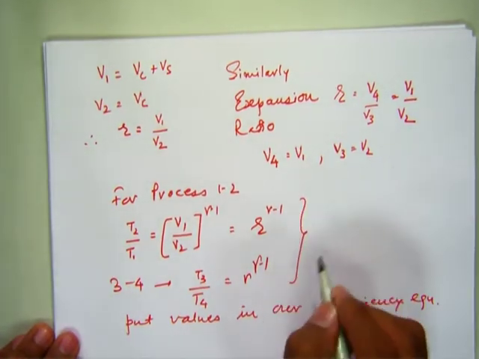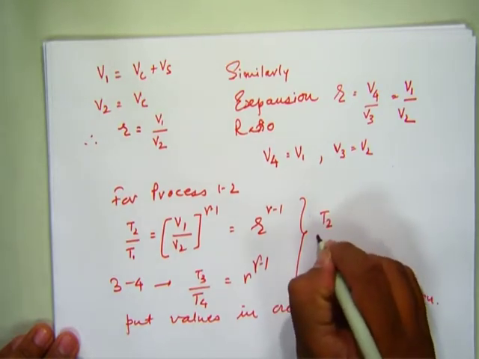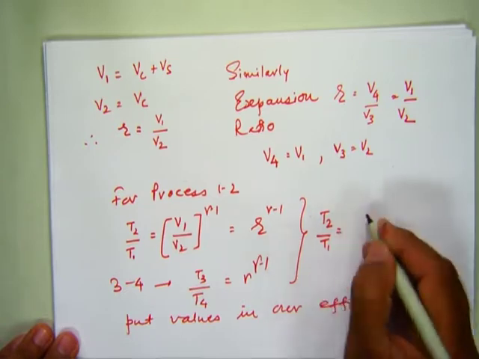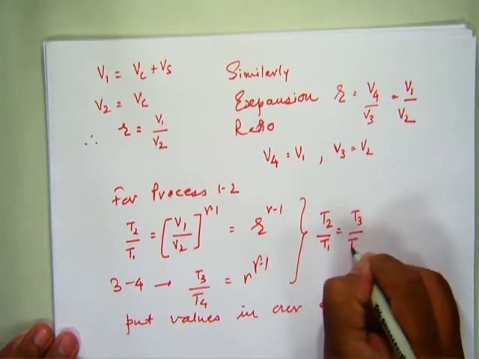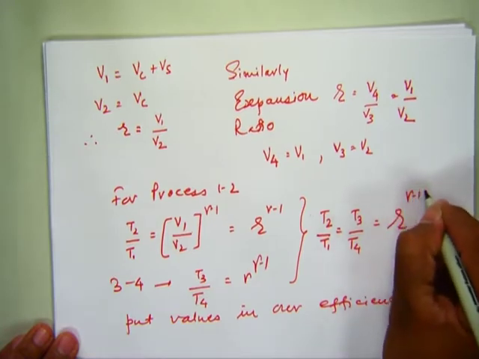By this you get T2 upon T1 is equal to T3 upon T4 is equal to R raised to gamma minus 1.